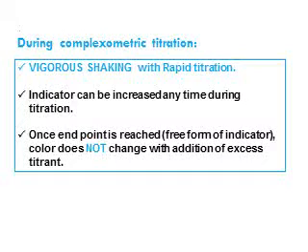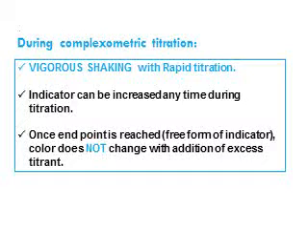During complexometric titration, we must do vigorous shaking with rapid titration. Why do we need vigorous shaking? To be able to dissociate the aqua complex. The indicator can be increased anytime during titration. If you see that the color becomes lighter, you can add more.